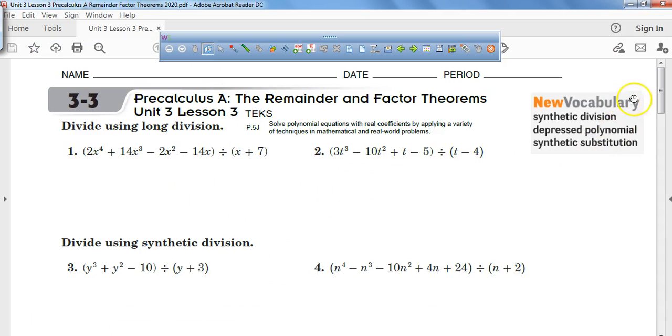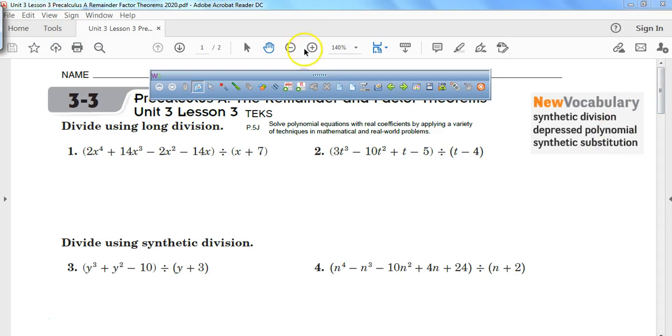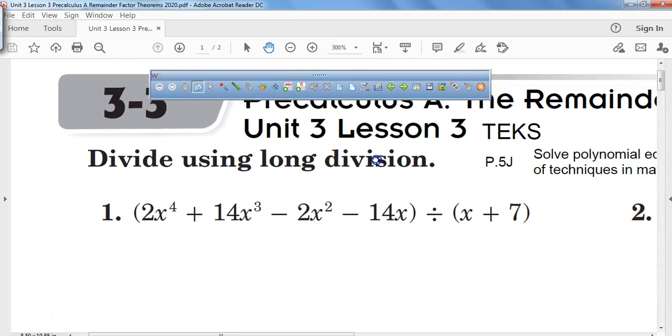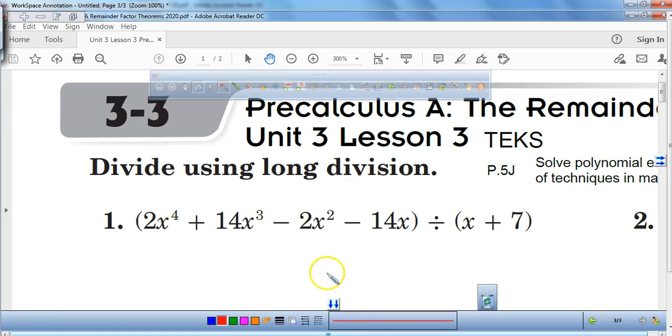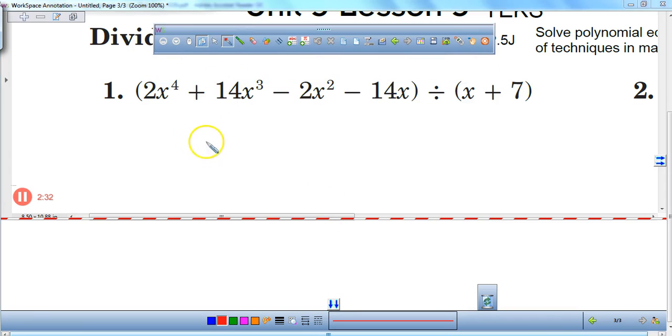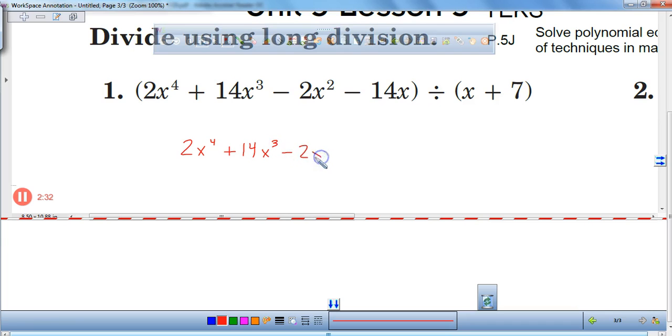So this process of long division is the same process that we use on problem number 1. I'm going to go ahead and zoom in a bit. There we go, problem number 1. So what does this say? This says 2x to the power of 4 plus 14x cubed minus 2x squared minus 14x.